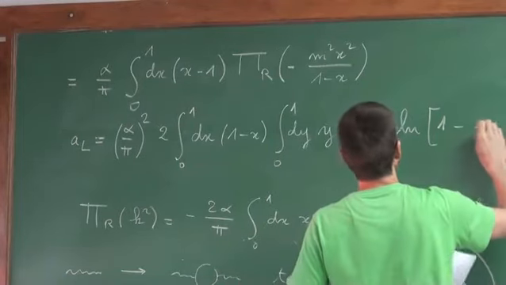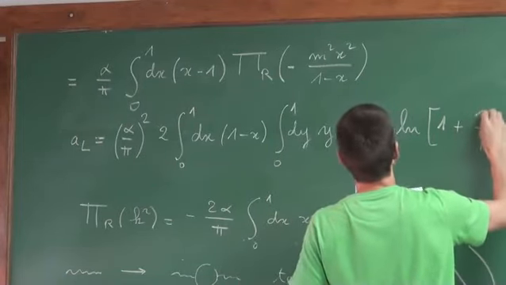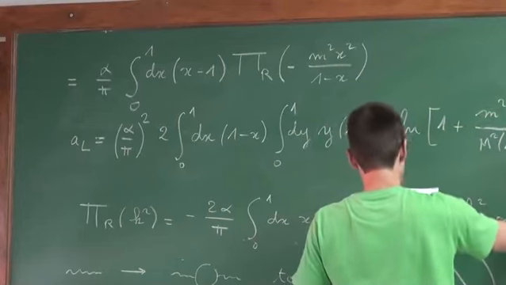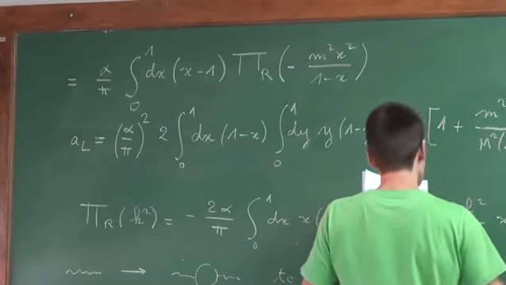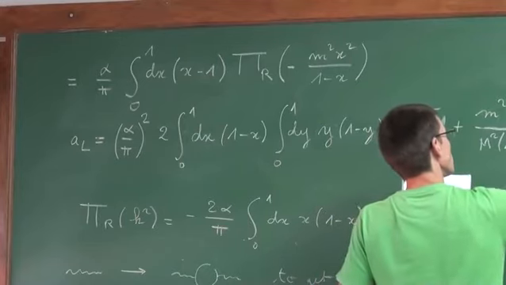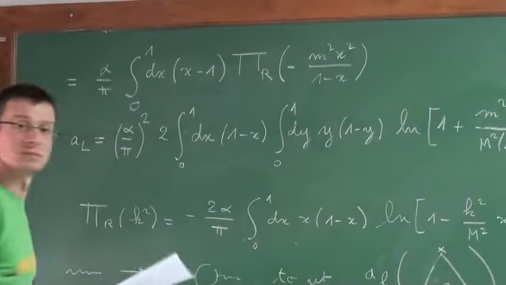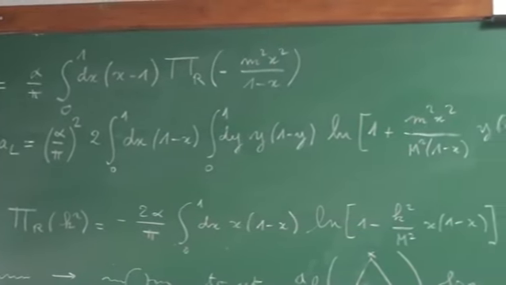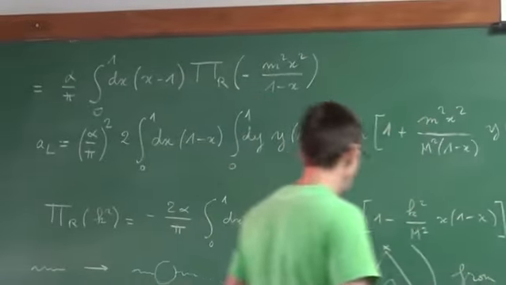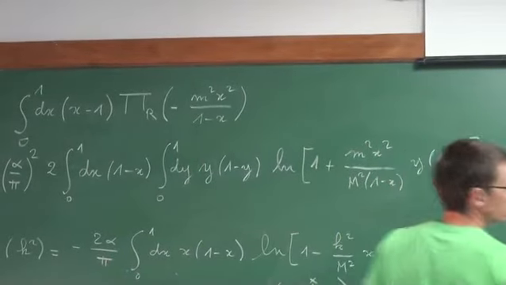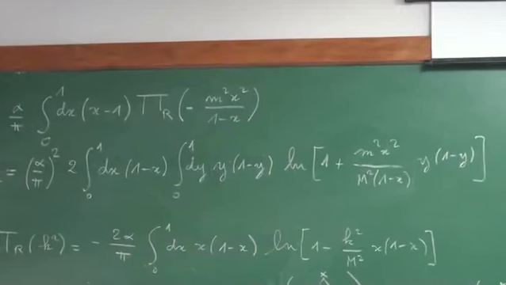So this is replaced by this, minus x minus y. This is a nice expression. But to compute it, it is nice to introduce what we call the Mellin-Barnes notation.